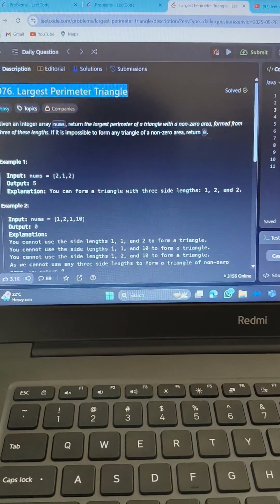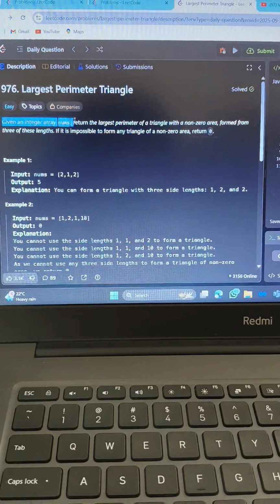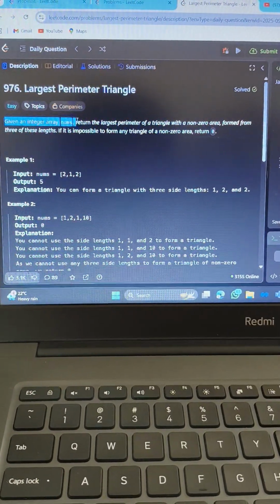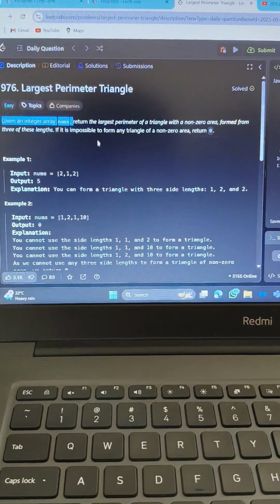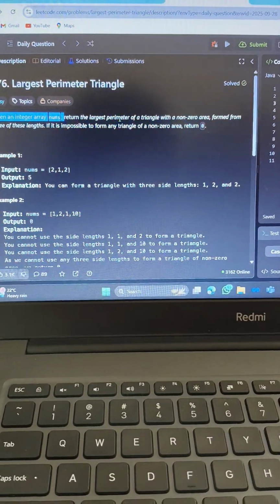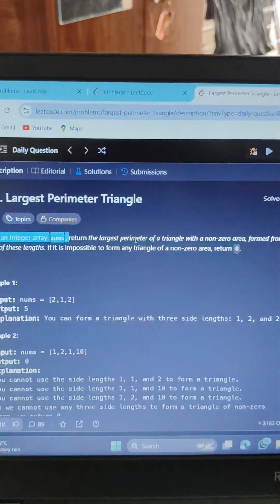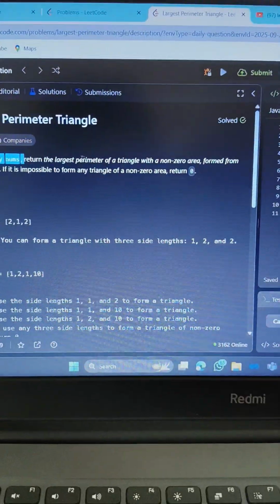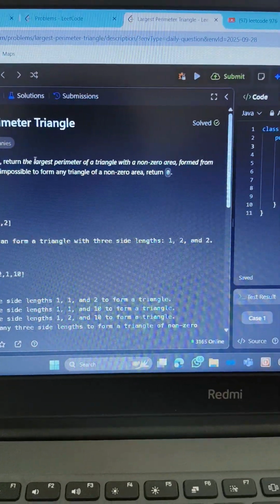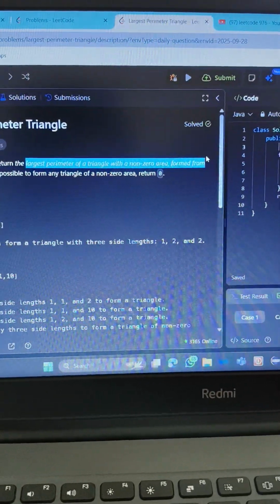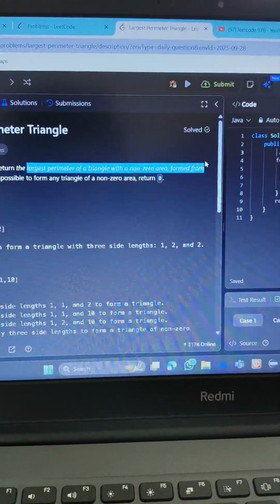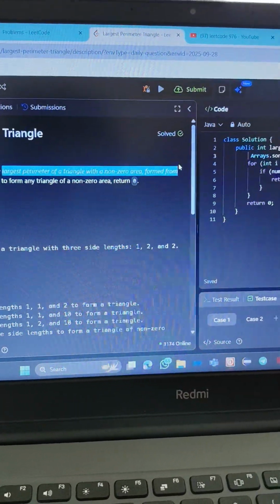Let's read the question. You will be given an integer array nums. Return the largest perimeter of a triangle with a non-zero area.